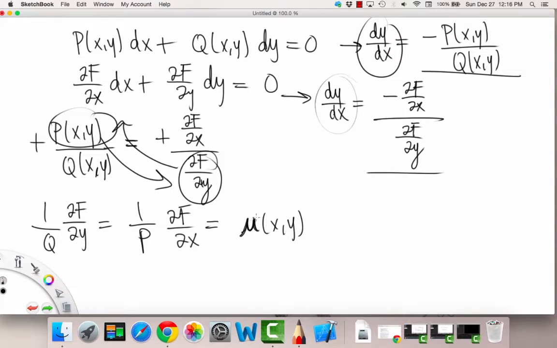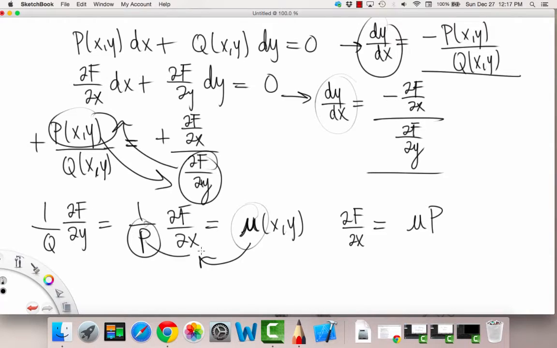So anyways, when we have this mu here, because this is equal to each of these individually, if we just look at this equation, we get that partial f partial x should be equal to mu times p.